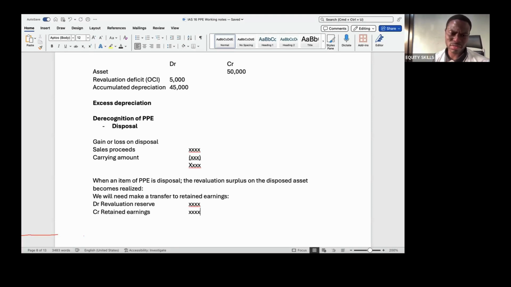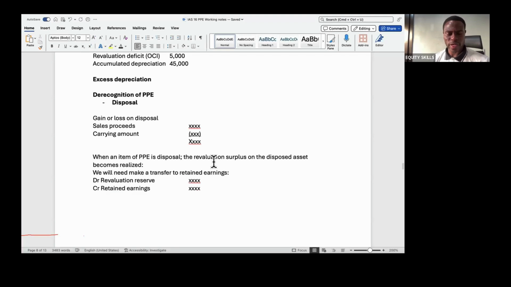You cannot run away from that. So this is how we transfer that reserve to retained earnings. Is this clear? If you have any concern, let me know. Any concern? Okay, nobody's talking.